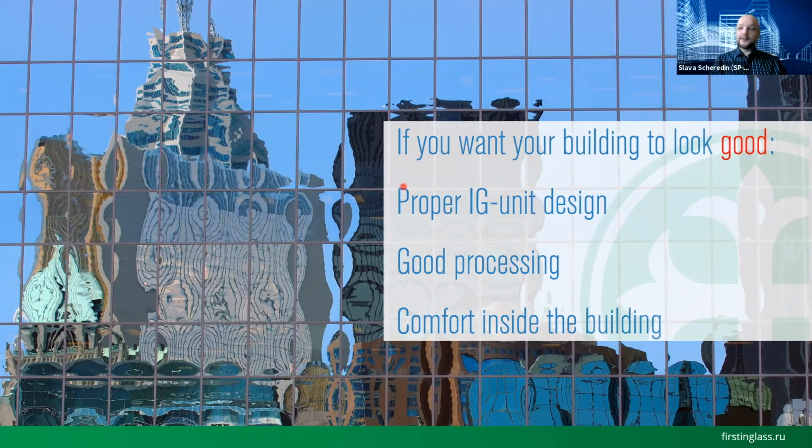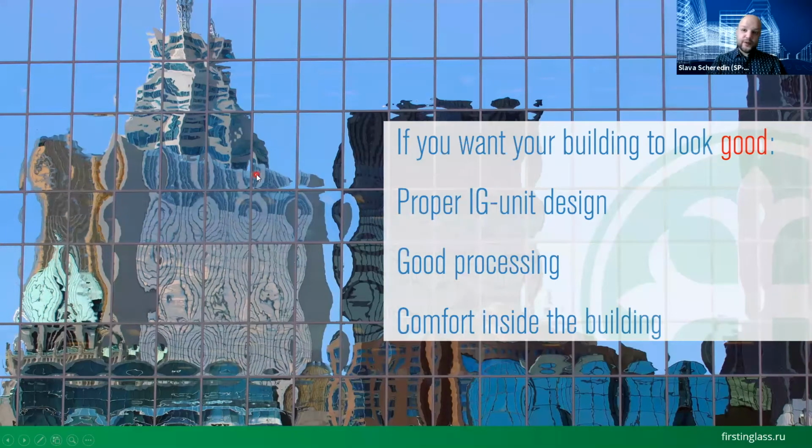And the last thing, which is not really obvious at first glance, is the comfort inside the building. That is where the human factor goes into full swing and affects how your building will look. So we will be looking at this piece by piece.